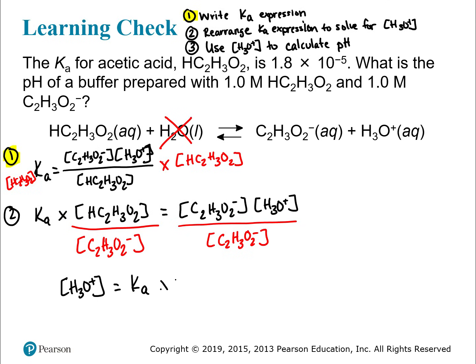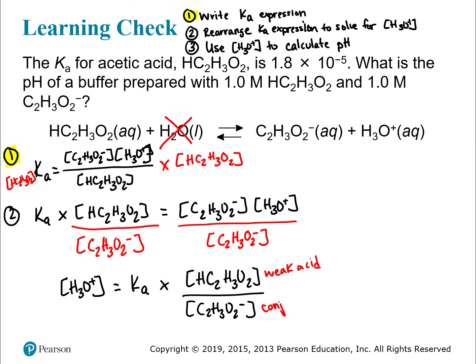So if you were wondering how you got here, this is how. If you're not wondering and you just want to remember how it goes with the weak acid on top, and the conjugate base on the bottom, multiplied by the Ka, that's fine too.